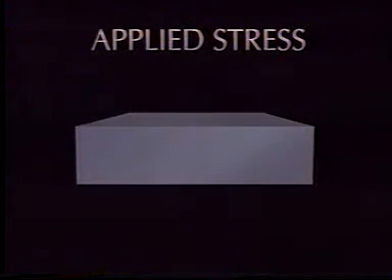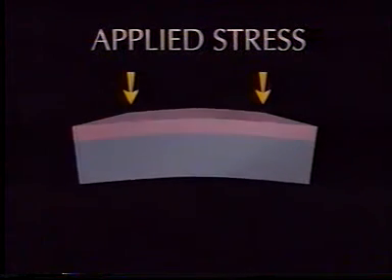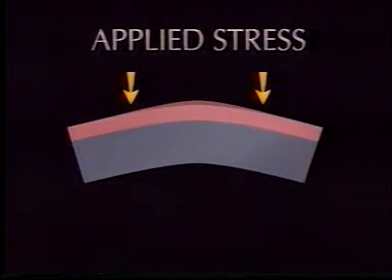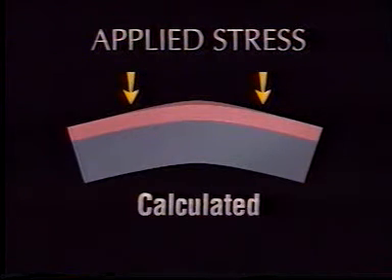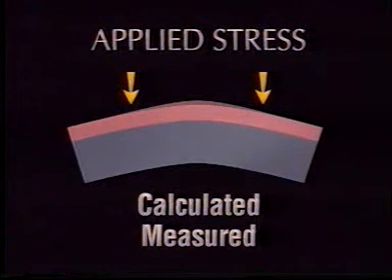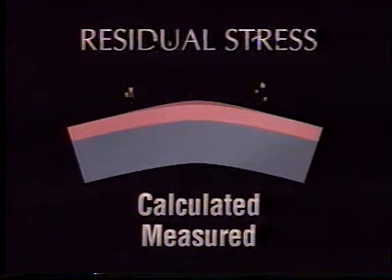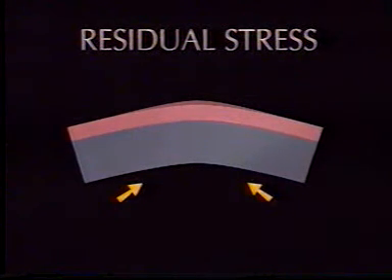Understanding the applied or external stresses can be so intuitive that a skilled investigator can automatically visualize them in almost any situation. Applied stresses can be visualized qualitatively. They can be calculated by equations found in strength of materials texts, and they can be measured by strain gauge techniques. Residual stresses, however, are not only difficult to measure, they are nearly impossible to calculate as well.